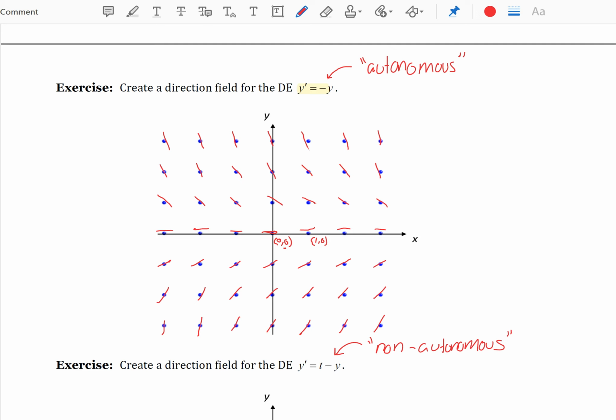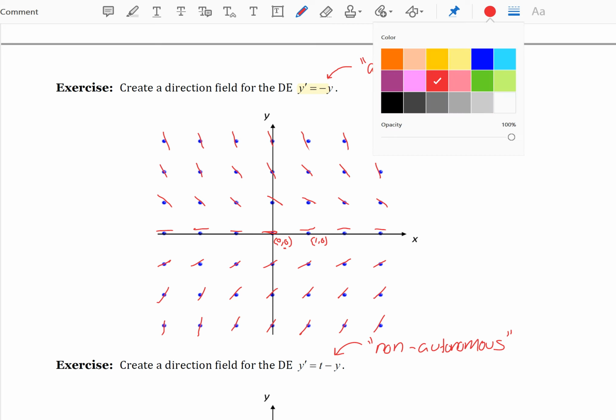And now at this point, you can see we have created our first direction field, our first slope field. Now the way we use our slope field is to draw what typical solutions might look like.